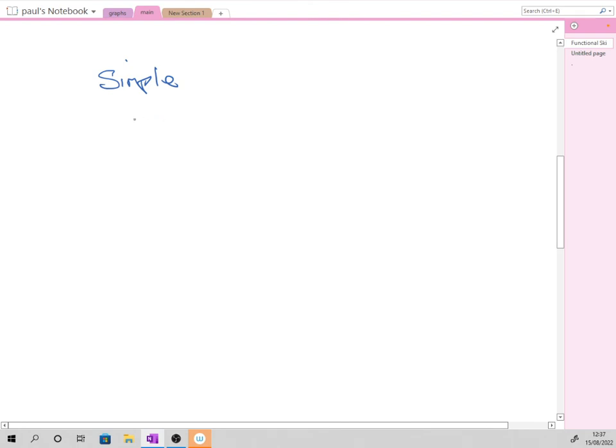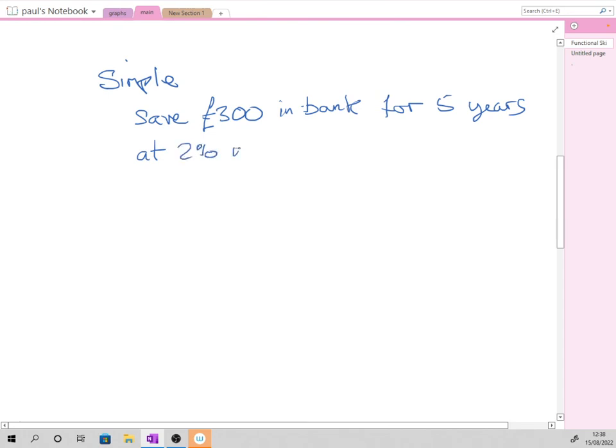So we're going to put £300 in the bank for 5 years at 2% simple interest.